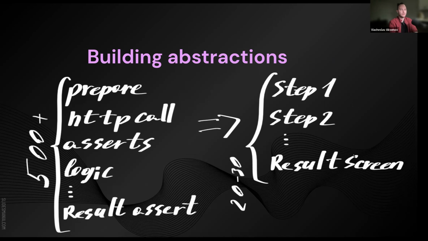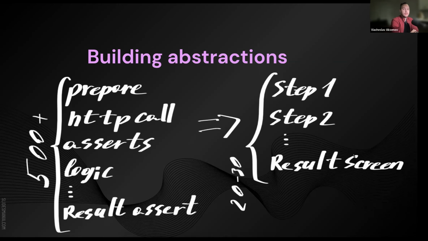At first, when we wrote integration tests, we had about 500 lines for each test, with logic to prepare models, make HTTP calls, make asserts, validation logic, logic for preparing the next step, and in the end a result assert.